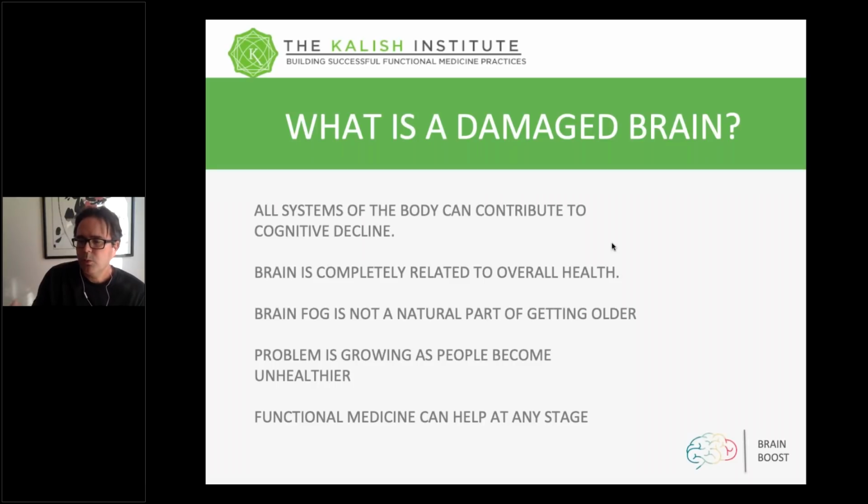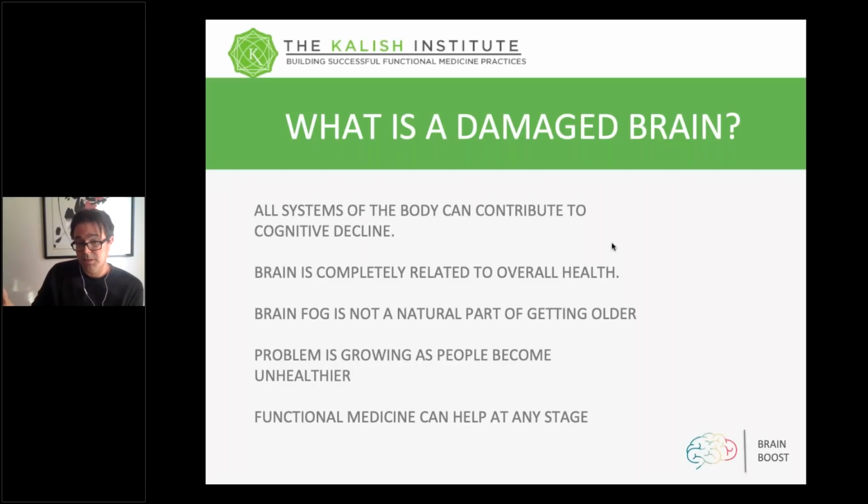Anyway, when you would come to me, I would absolutely be looking to sort out what is happening with the cognitive issues and the brain fog. But the only way I can possibly do that is by creating a healthier version of you. And the only way I can create a healthier version of you is by testing and correcting the root causes of what's happening. So the brain and maybe our muddled thinking or our poor memory, that's just an example that something is happening with our overall physiology that needs to be addressed.